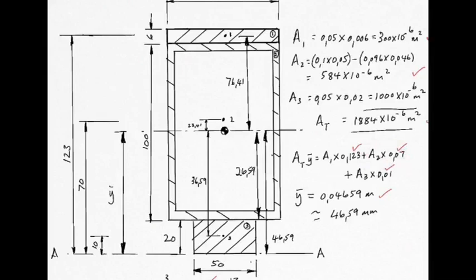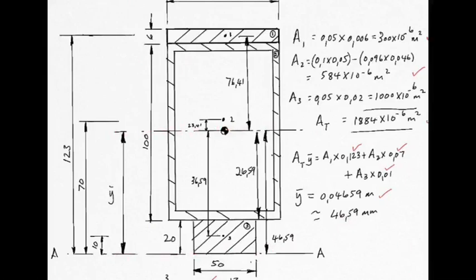Number 3, on the other hand, is probably the easiest to understand. Half of 20 is simply 10 millimeters from number 3's centroid to the reference edge. There it is there. So bar y, the distance from the reference edge to the centroid of the whole composite shape, is 46.59 millimeters.